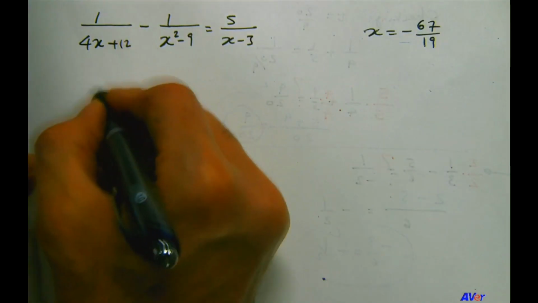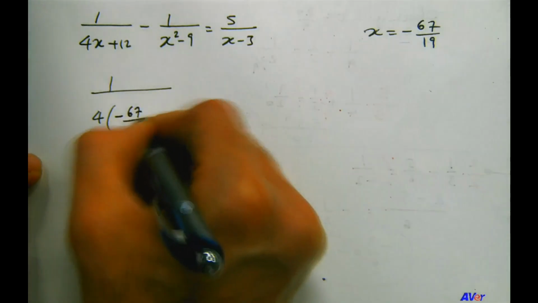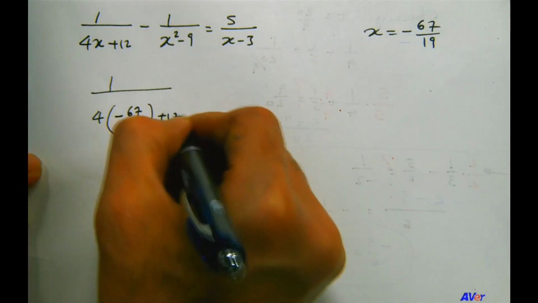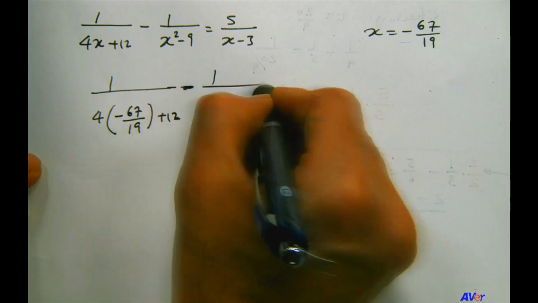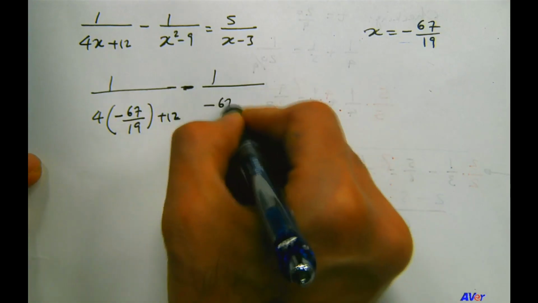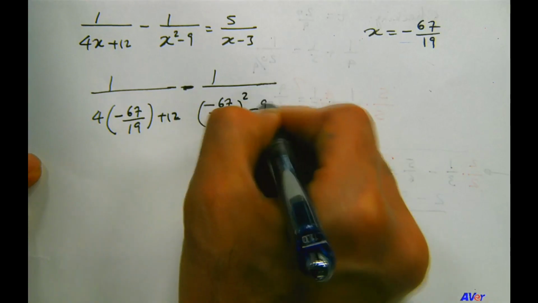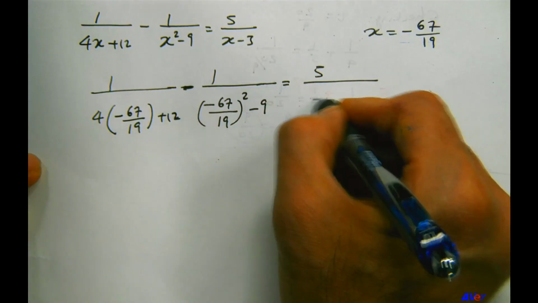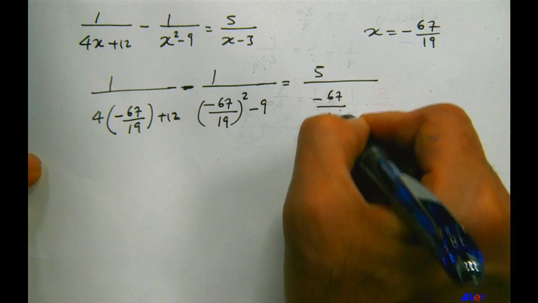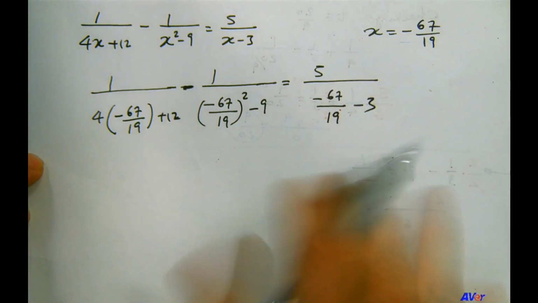So 1 over 4 times minus 67 over 19 plus 12 minus 1 over minus 67 over 19 squared minus 9 is equal to 5 over minus 67 over 19 minus 3.